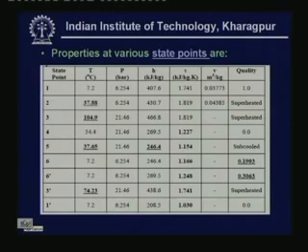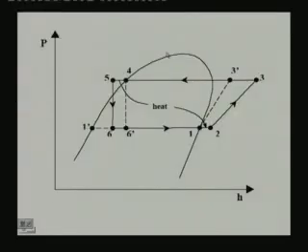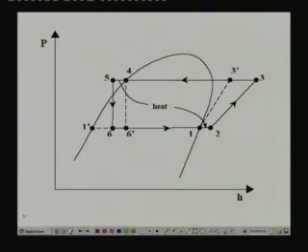Now, as we have done in the last lecture, the first thing we do is we find out the various properties at all the state points. So, let me first once again show the state points. State point 1 is the outlet of the evaporator, which is in saturated condition, and the temperature is 7.2 degrees centigrade.